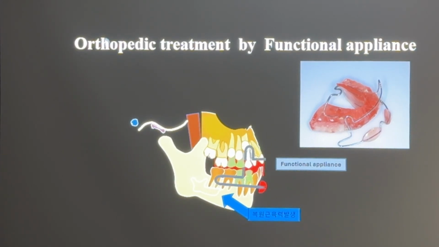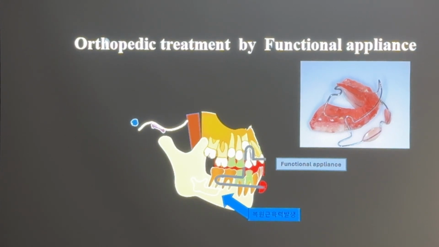Class 2 means large overbite and large overjet. So please make contact to the lower anterior incisal edge.